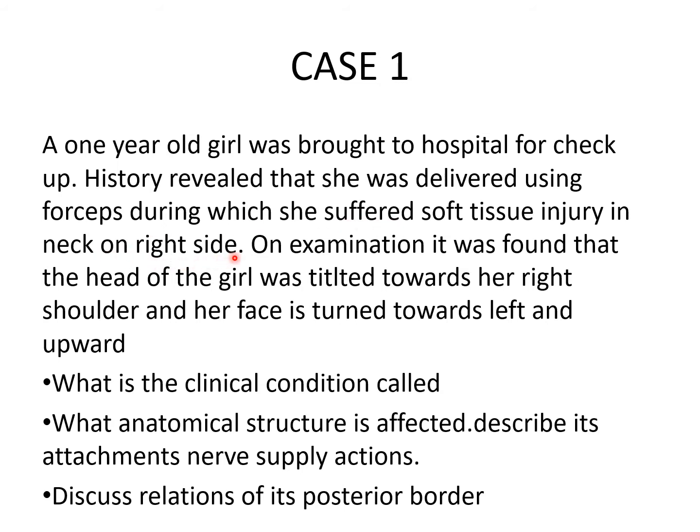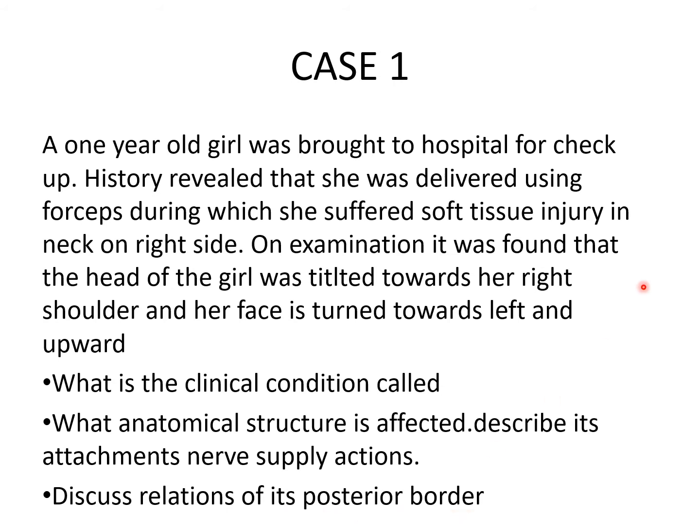On examination, it was found that the head of the girl was tilted towards her right shoulder and her face is turned towards the left and upward. What is the clinical condition called? What anatomical structure is affected? Describe its attachments, nerve supply and action. Discuss the relations of its posterior border.